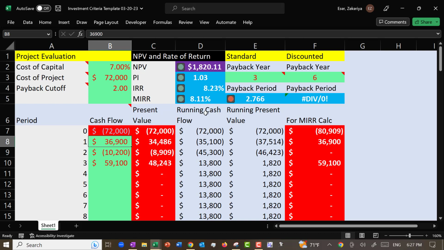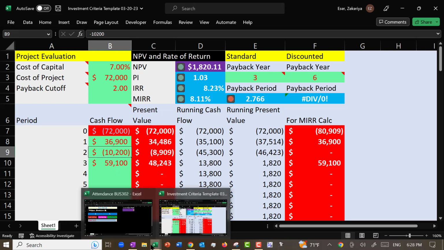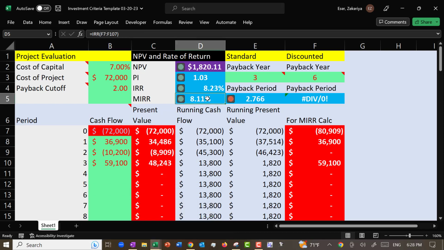By the way, here's an example of where you should use modified IRR because the cash flows are not conventional. There is a negative cash flow after year zero, but you can directly read off the NPV. Trying to see if there's another number.